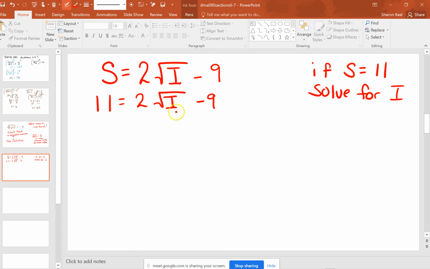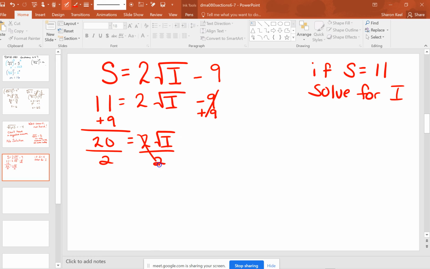The first thing is we need to get this alone, so we're going to take this 9 and move it to the other side of the equation. 11 and 9 is going to give us 20, and then we have 2 square root I. We're trying to get to the I, so we need to now divide by 2 on both sides. 10 would be equal to the square root of I.